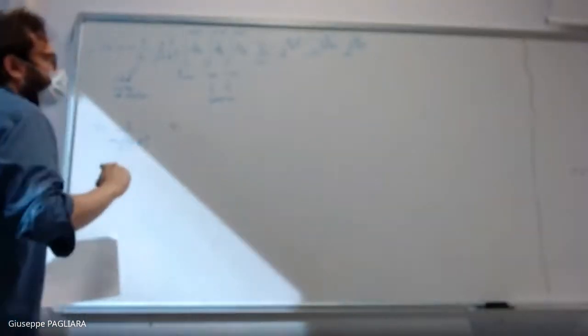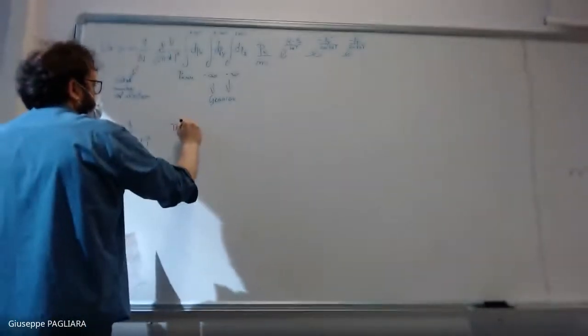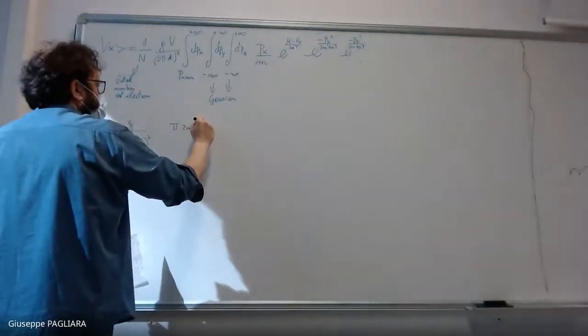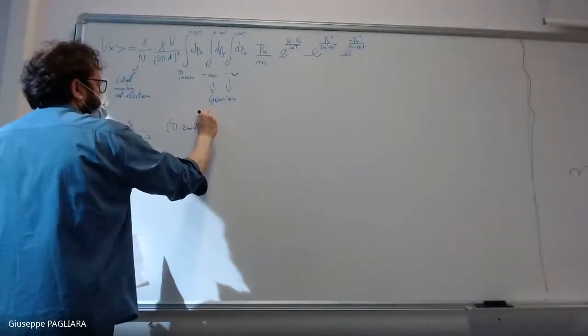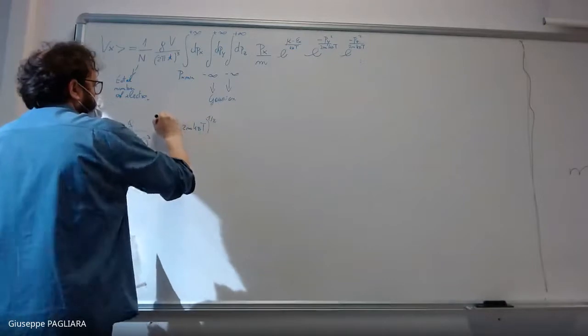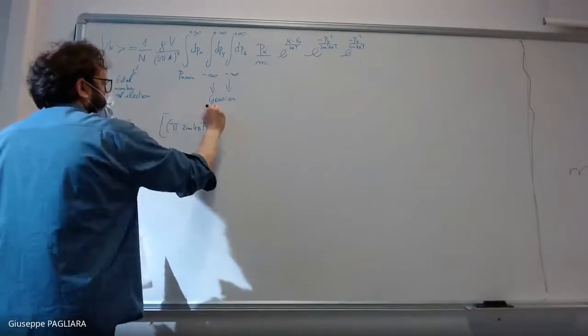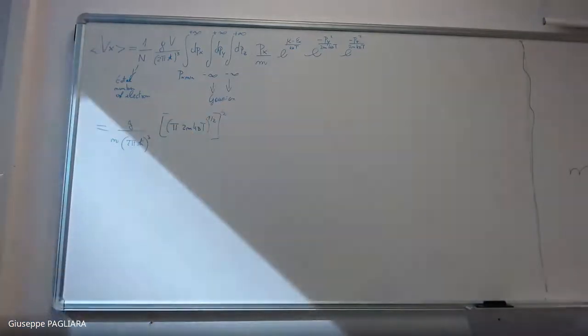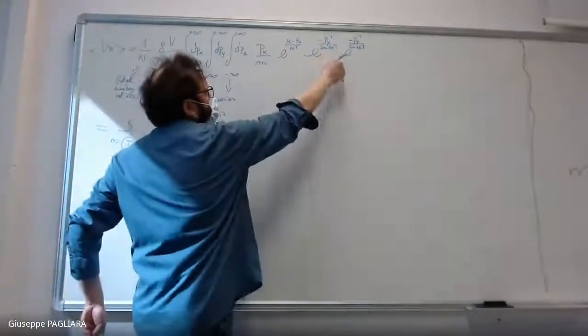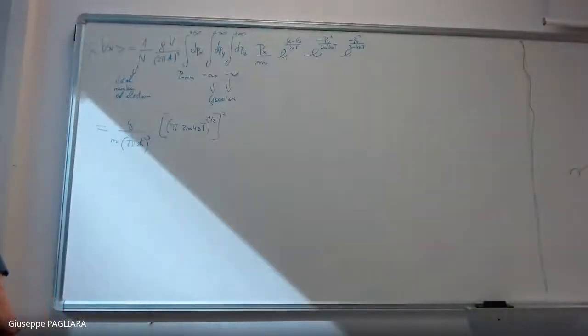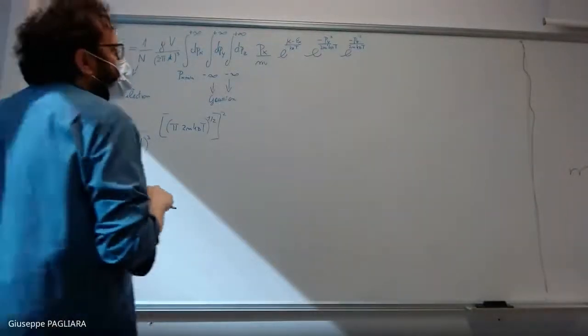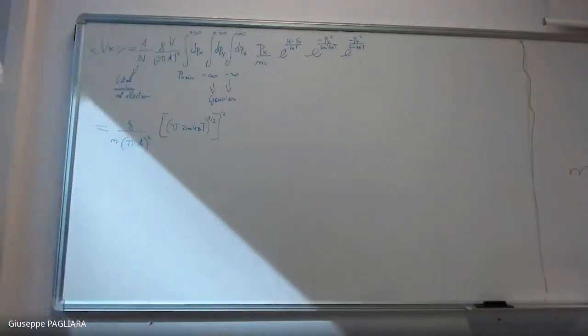So I have pi times 2m kBT to the power of 1/2, squared, coming from those two Gaussian integrals.